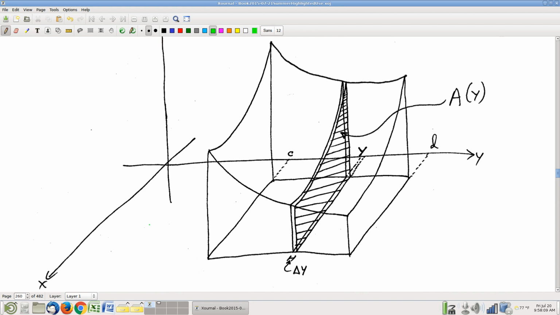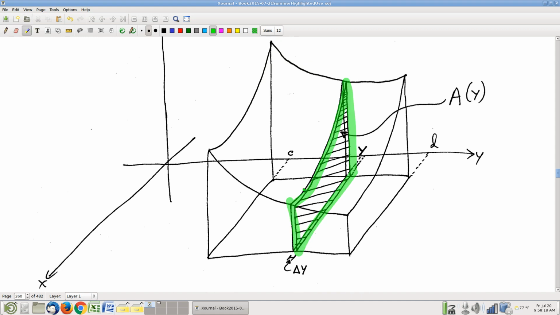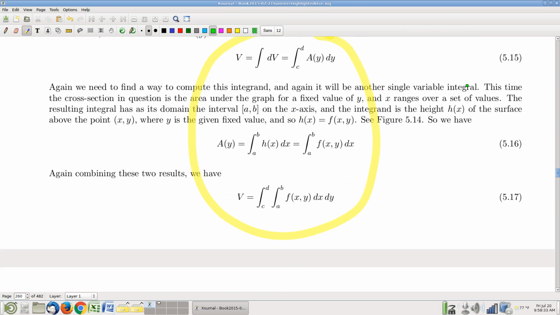Totally fine. Now what that will give you is the cross-sectional area, which is now something that you define for any given y. Y is going from C to D. Area will then be a function of y as y goes from C to D. Your outside integral, you see here, is a dy integral.